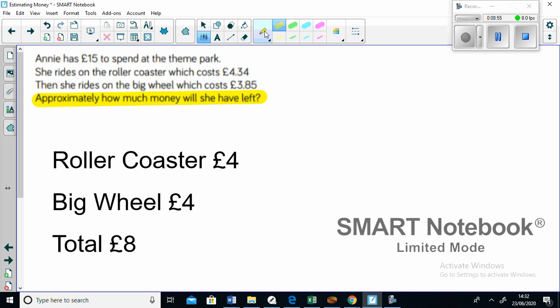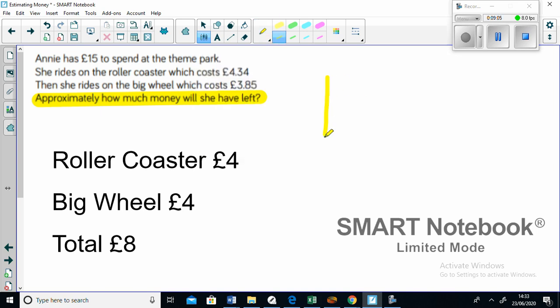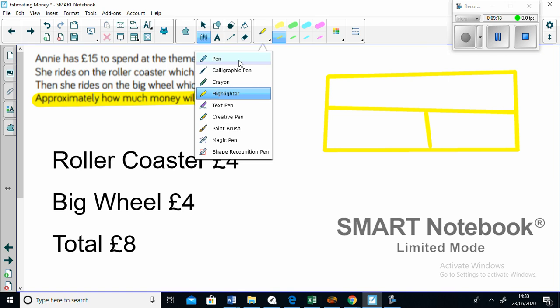So in the end, it's actually moved to a finding the difference problem. What's the difference between £8 and £15? If I'm going to put this into a little bar model here, please excuse my rough drawing. Nice little snazzy bar model there.